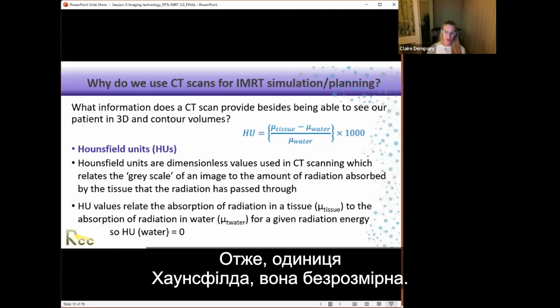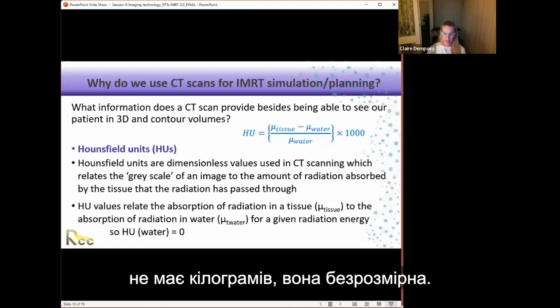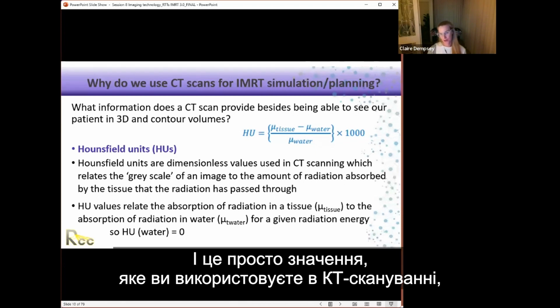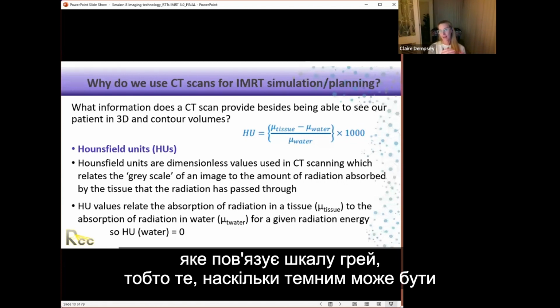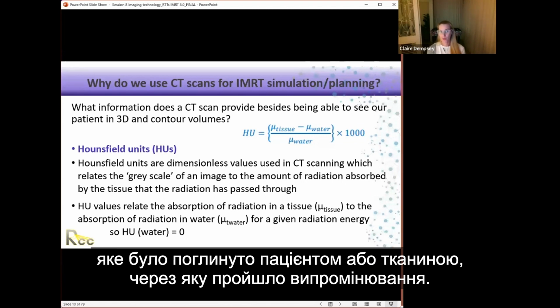So a Hounsfield unit is dimensionless. It's not centigrade, it's not centimeters, it's not kilograms, it's dimensionless. And it's just a value that you use in CT scanning, which relates the grayscale, so how dark a particular pixel may be within your image, to the amount of radiation that has been absorbed by the tissue that the radiation has passed through.